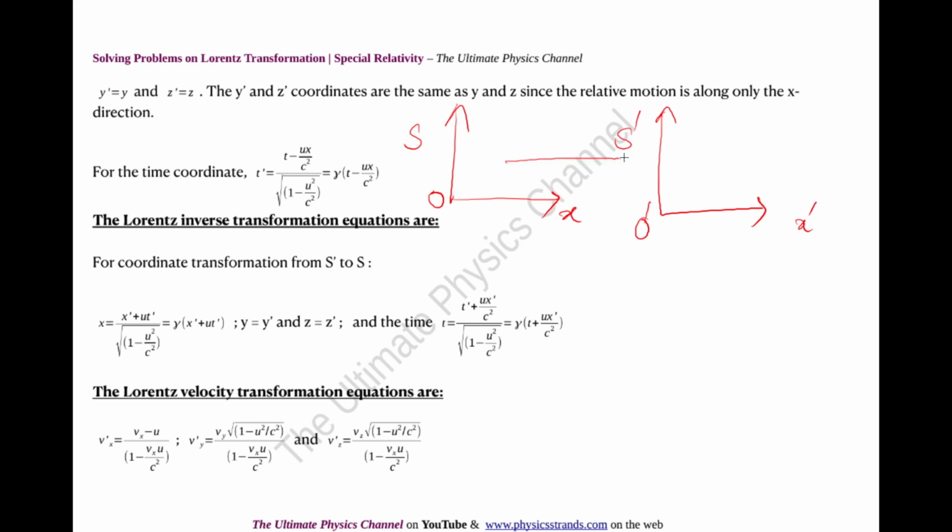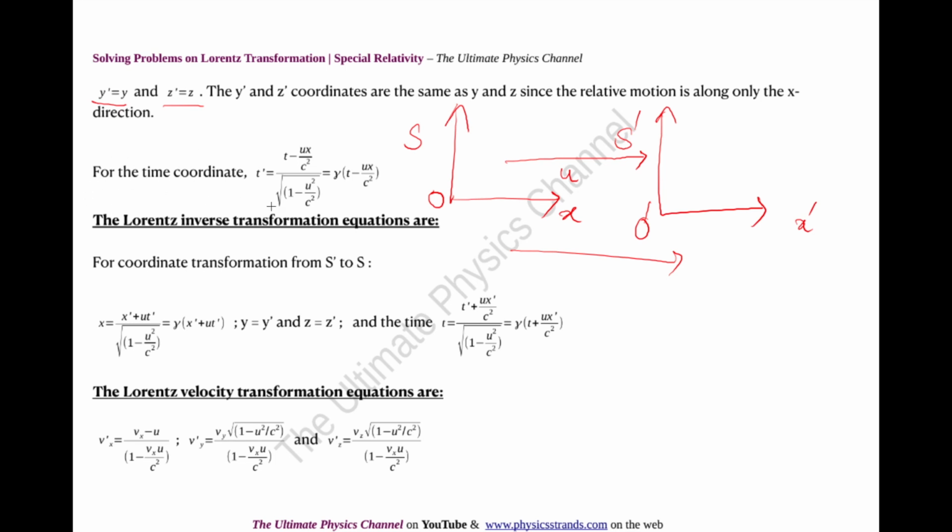So the direction of motion is in this direction with velocity u, which is a relative velocity between the two frames. So it is parallel to the common x direction, so to say, and that's why the y coordinate and the z coordinate do not change. They do not undergo any transformation in this case.